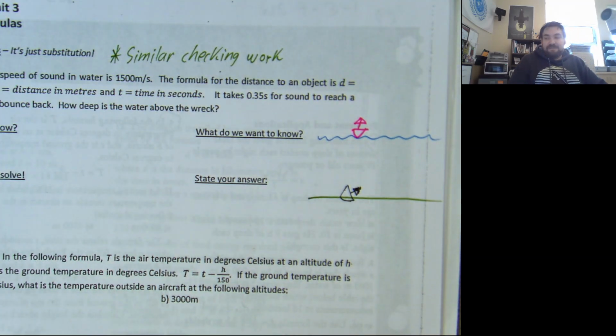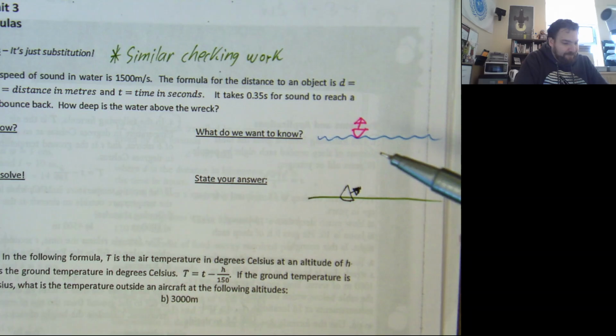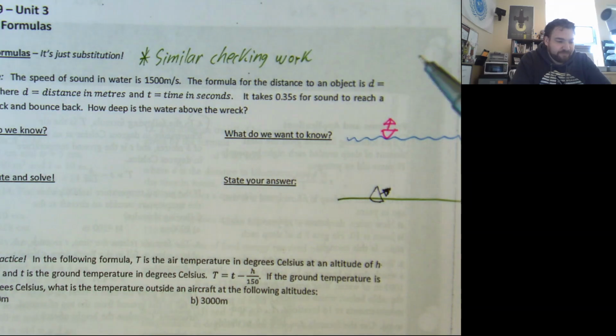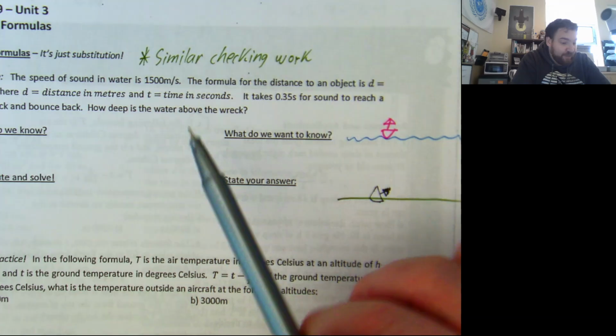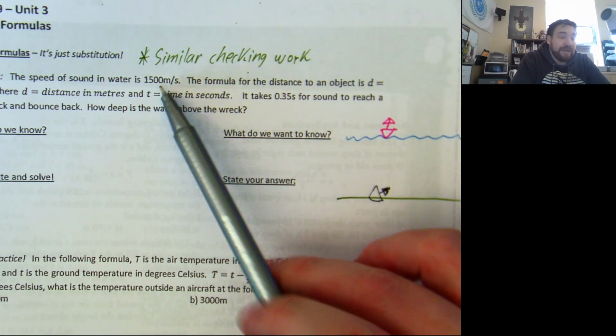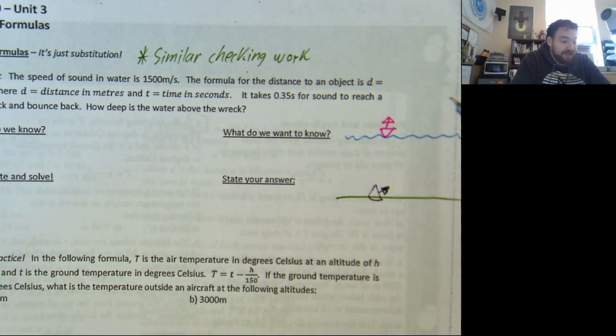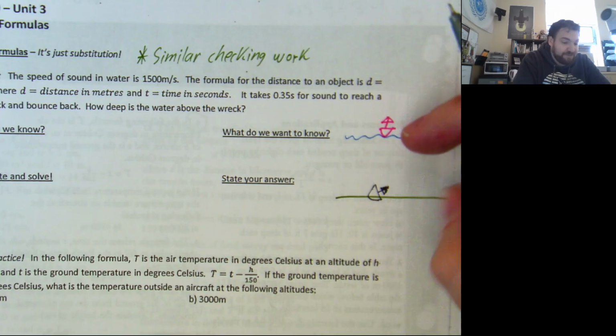It sunk. And we are given the speed of sound in water, and we are given a formula that uses that speed of sound to tell us that we are going to, well, it gives us the formula for the distance from this boat to this boat.